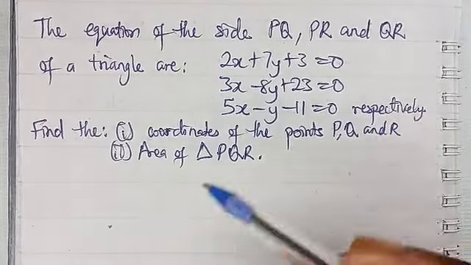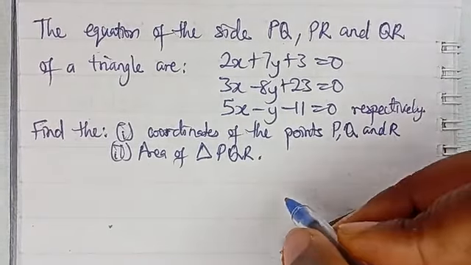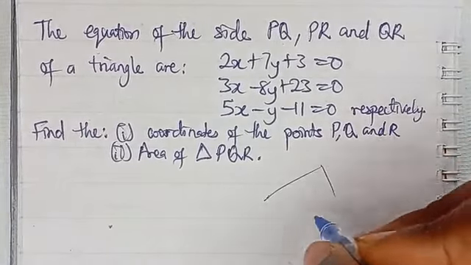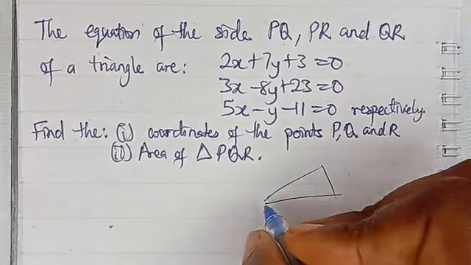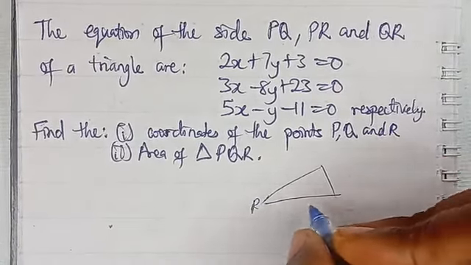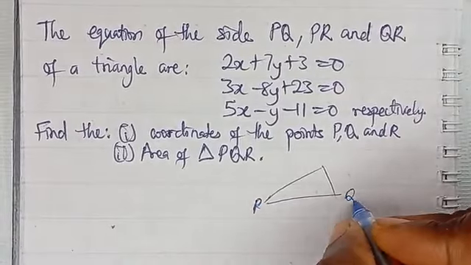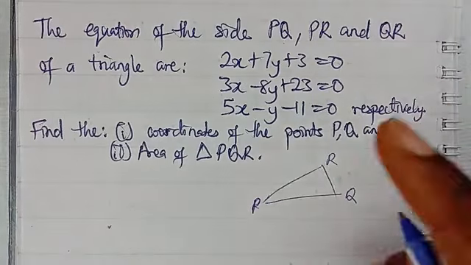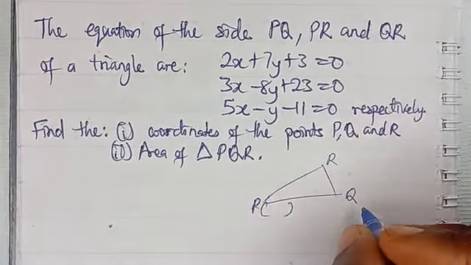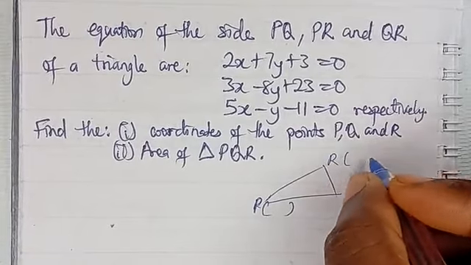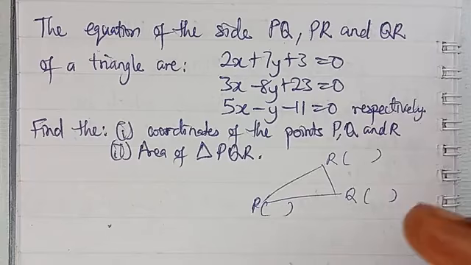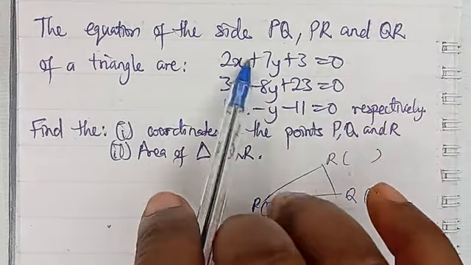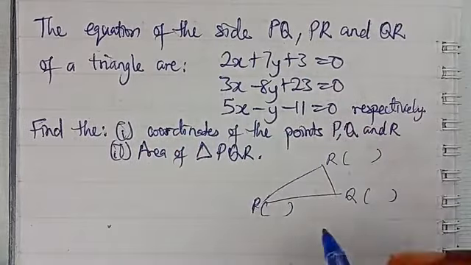Okay, so let's have a sketch of a triangle. Let's say this is the triangle, right? And then this is P, Q, and R. This is just a sketch. So we're going to find these coordinates, and these coordinates. But before we proceed, let us write down these equations of the sides.